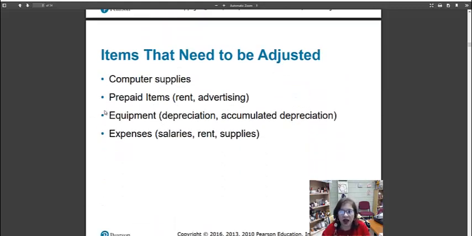So usually items that need to be adjusted are things such as prepaid rent, equipment depreciation, expenses, salaries, supplies, whatever we're purchasing. Now, on depreciation on equipment, when you buy something such as a car, what ends up happening is that as soon as it goes off the lot, it depreciates in value, meaning that the value comes down.